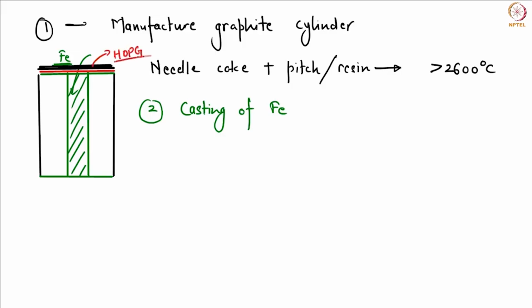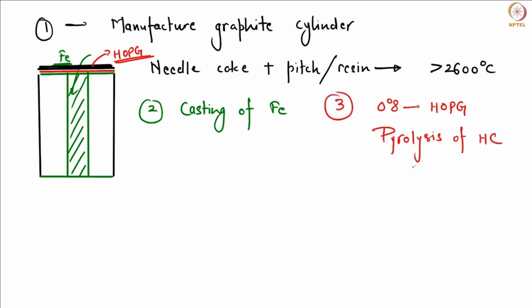Because we have 0.8 degree of mosaic spread, and this is the HOPG part. For making HOPG, the standard process is pyrolysis of a hydrocarbon. You can also call it CVD. So this is pyrolysis of hydrocarbon, our step number 3. This is for making the top layer.